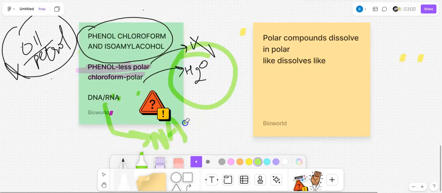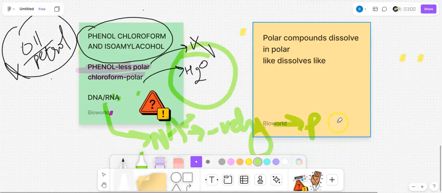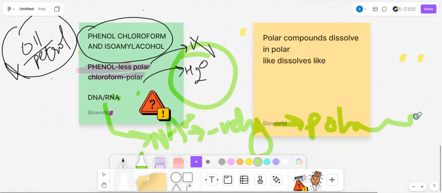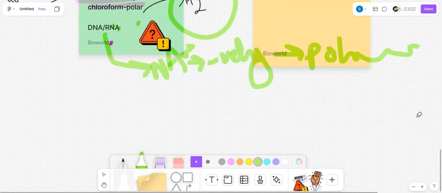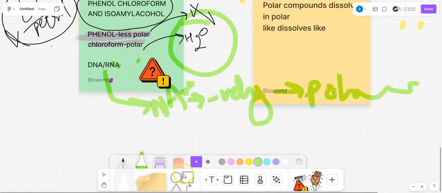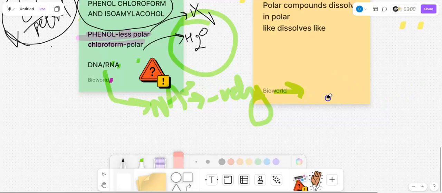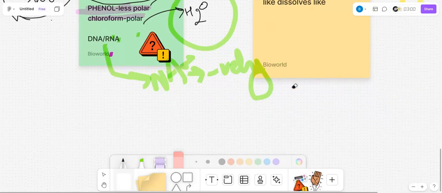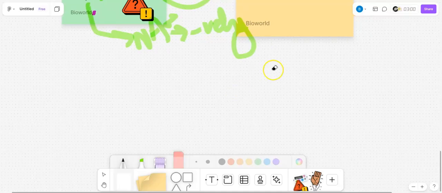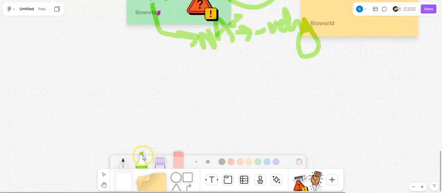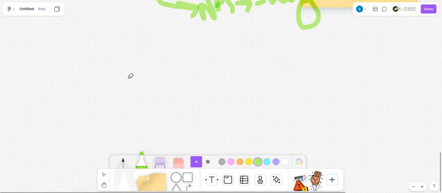We have discussed in the previous chapters that nucleic acids are negatively charged and they are easily dissolved. They are polar. ఇప్పుడు చెప్పండి, in which one will they be dissolved, phenol or chloroform? Through this, you might have understood the principle of this DNA separation or DNA isolation.